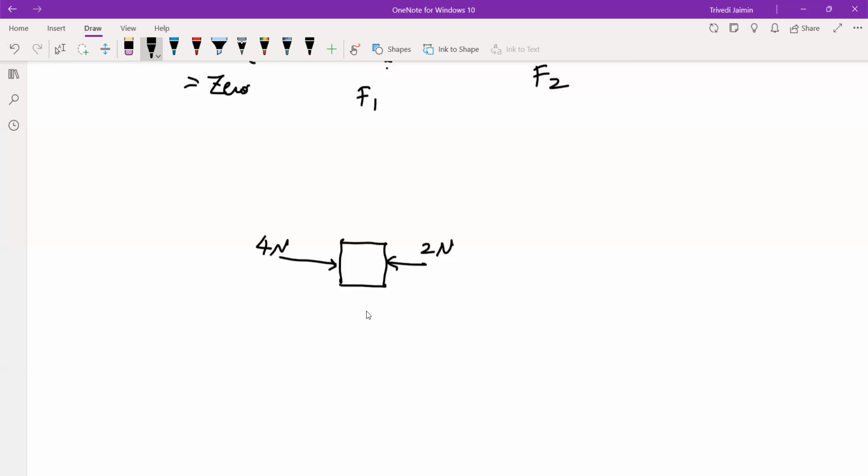Left or right? Towards the right. By how much? By 2 Newton. Net force is on the right side with 2 Newton. Right?